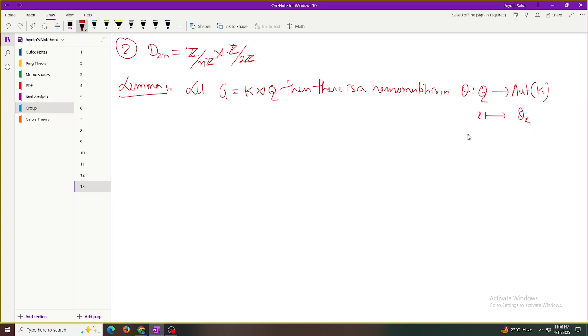What is theta x? Theta x from K to K, where a goes to x a x inverse, conjugation.